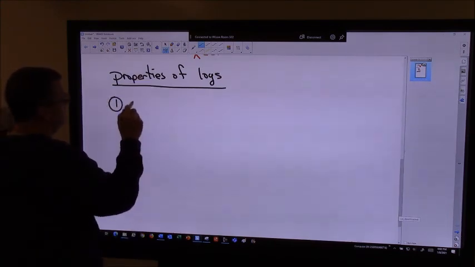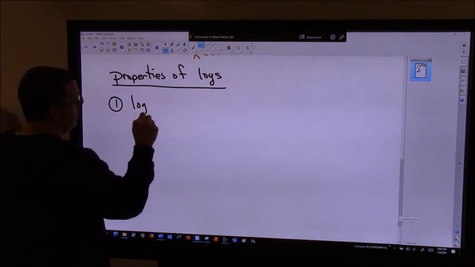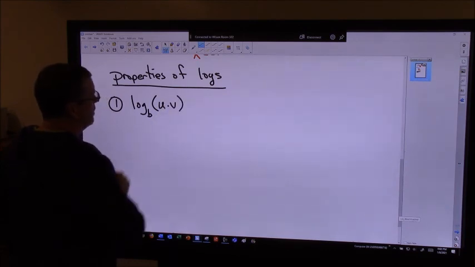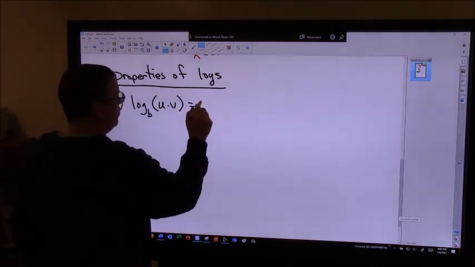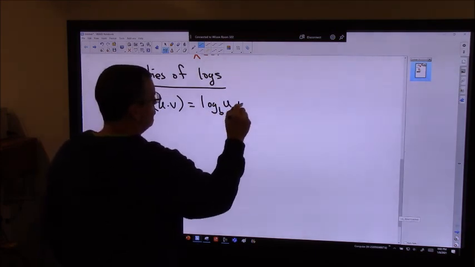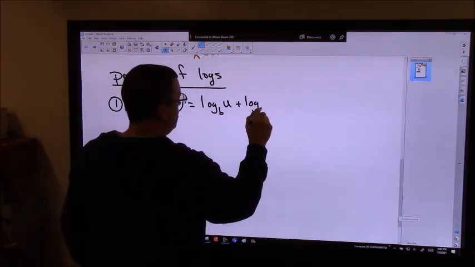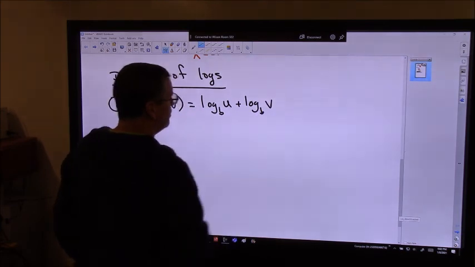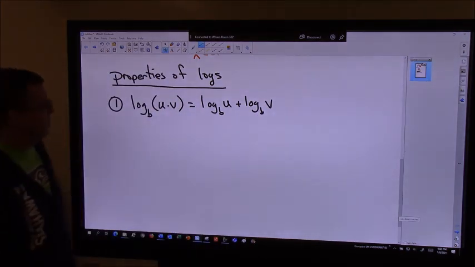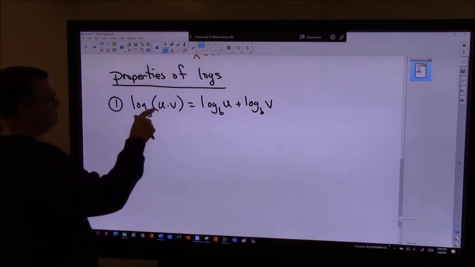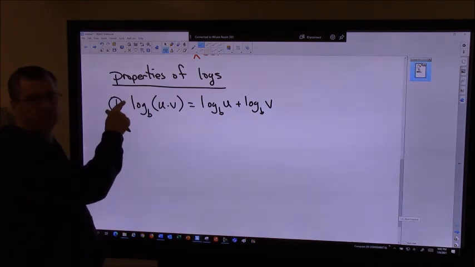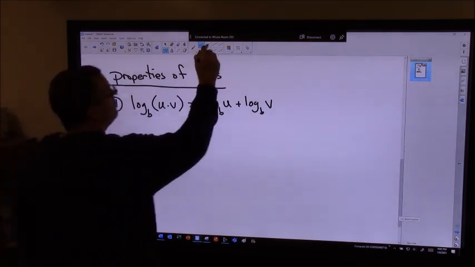First property. If I'm going to do log base b of u times v, then this is equal to log base b of u plus log base b of v. Okay? Now what does this mean? You know, I look at this and what I see is I'm multiplying with exponents. So let's go over here and write something down.